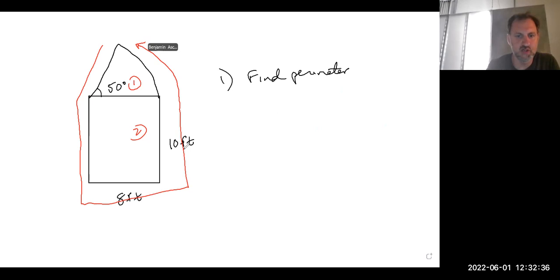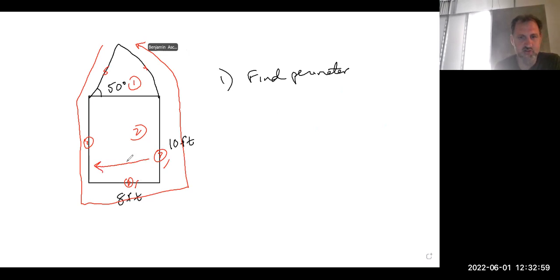First thing we need is we basically have 5 sides, right? 1, 2, 3, 4, 5. Some of these are easy, they're given to us, like side 2 and side 3 directly. Some require a little more thinking.